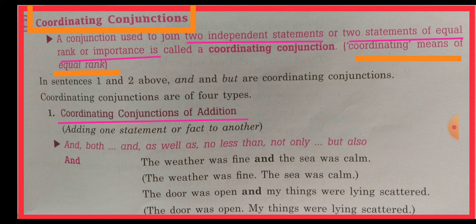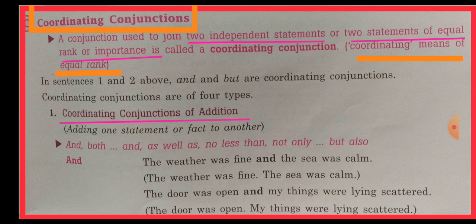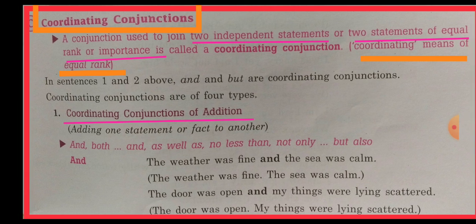The quality of this coordinating conjunction is that we can remove it and get the two independent statements. The door was open, my things were lying scattered. Both are of equal rank and they are independent statements, so they can be joined by a coordinating conjunction.